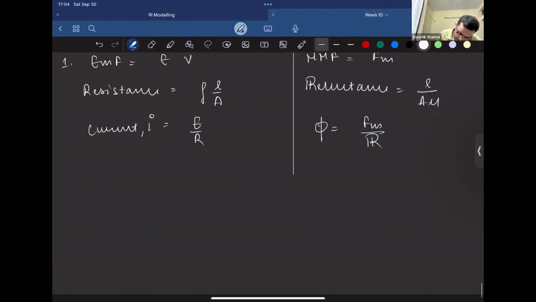That means we can represent it as an equivalent DC circuit.